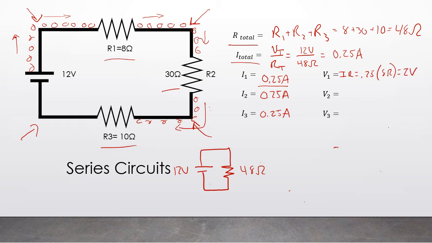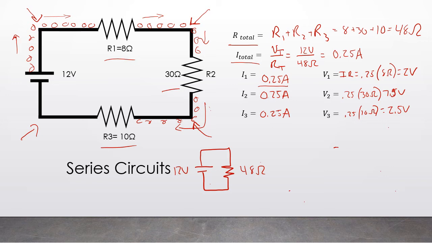V2 would be 0.25 times 30 ohms, and 1/4 of that would be 7.5 volts. And again, it's the same thing for V3. We have 0.25 times 10 ohms, and that's going to be 2.5 volts.